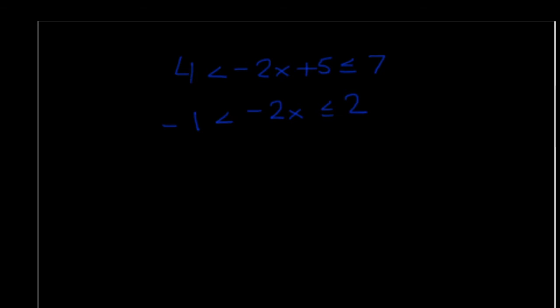So this means I'm going to have to switch the inequality. So negative 1 divided by negative 2 will give me 1/2. And instead of less than, we're going to change it to greater than x. And then instead of less than or equal to, it will be greater than or equal to. And then 2 divided by negative 2 is negative 1. So x is between negative 1 and 1/2.